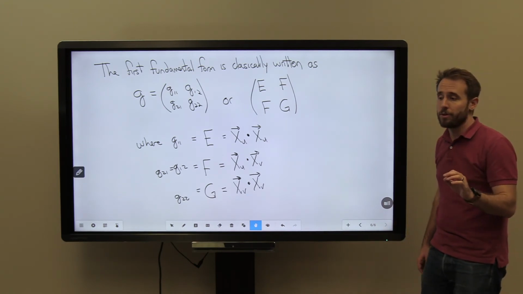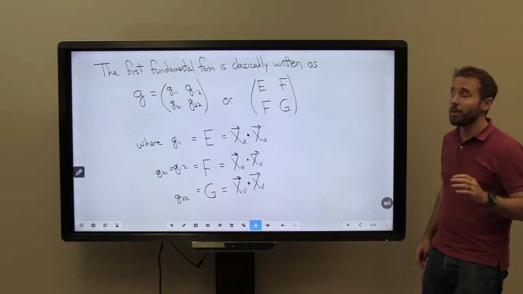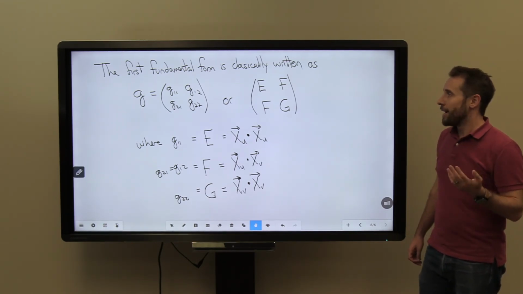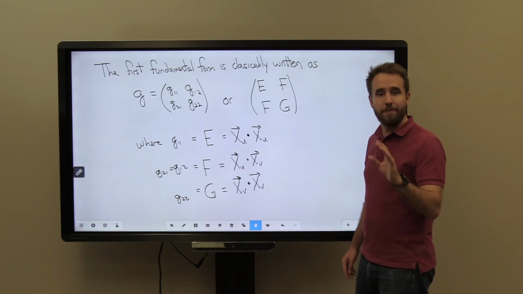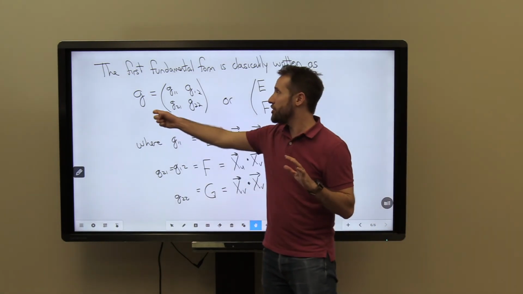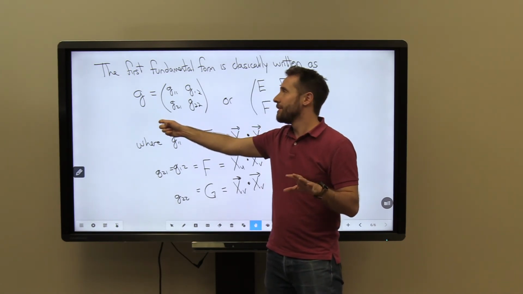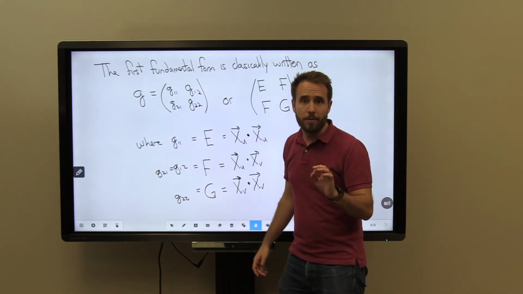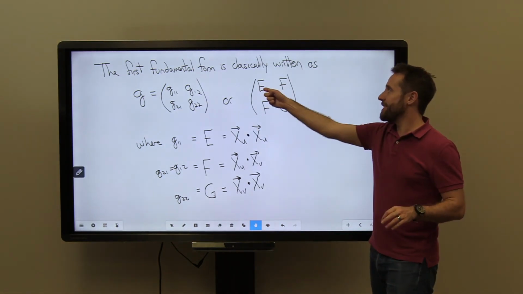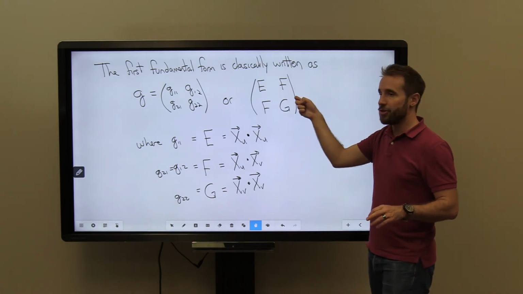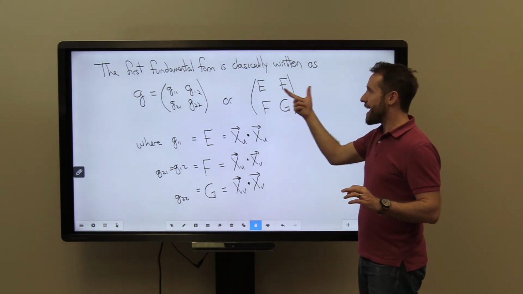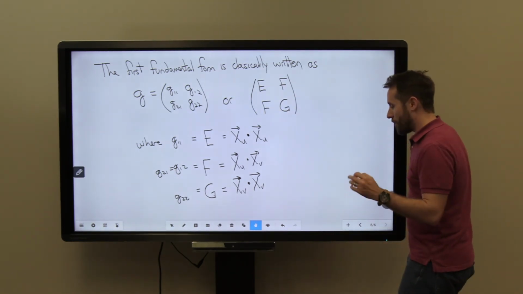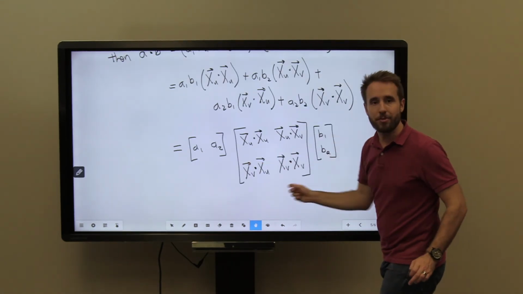Now, we can conclude with the following statement. The first fundamental form is classically written as a matrix, and typically the language that we use varies from source to source, but you either use the letter G to represent the first fundamental form, with G11, G12, G21, G22, or you represent it using the capital letters E, F, F, and G. Where these entries, the G_ij's, or the capital letters E, F, and G, are all coming from this matrix right here.